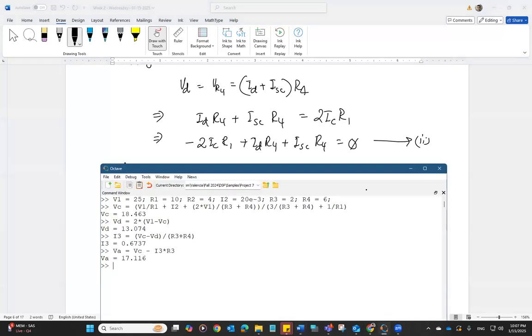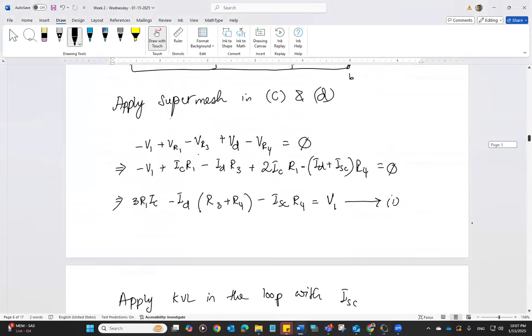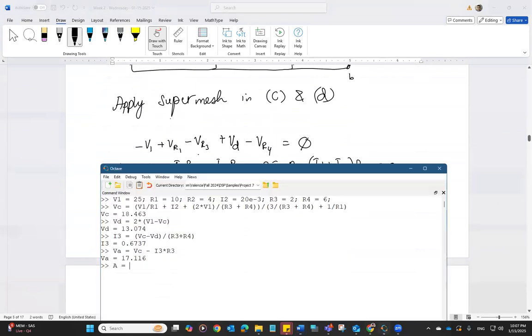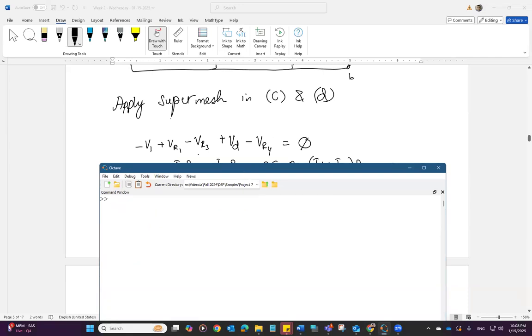Let's go ahead and create our coefficient matrix A. And that coefficient matrix A from the first one is... CLC, so clean it up a little bit.